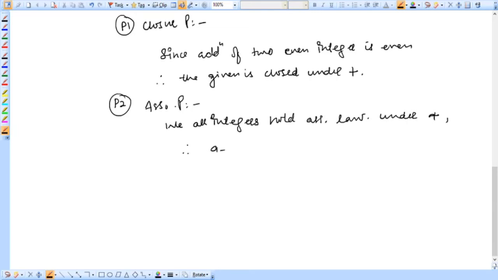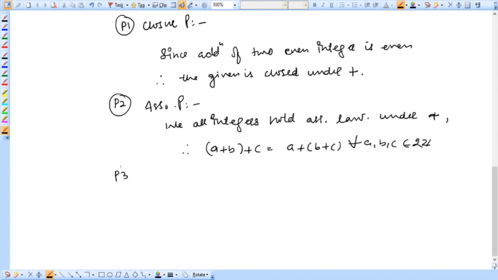Therefore, (a + b) + c is equal to a + (b + c) for all a, b, c belonging to even integers, right? Thus, property number 2 is true.